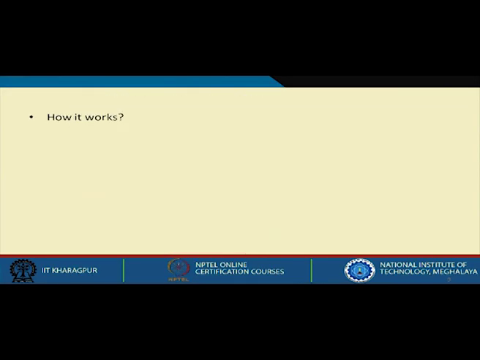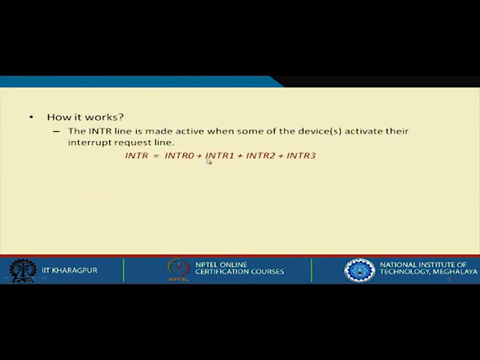Right. So, how does it work? The interrupt line, as I said, is activated when some of the devices activate their interrupt request line. So, how can it be implemented? Just a logical OR.